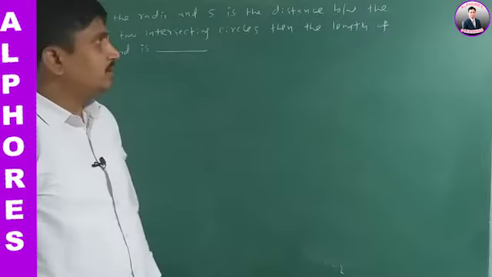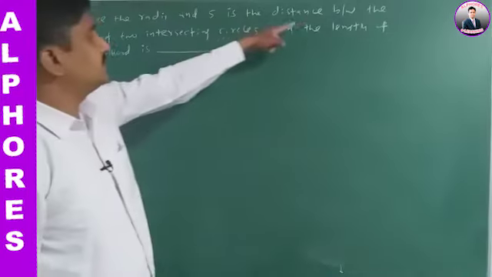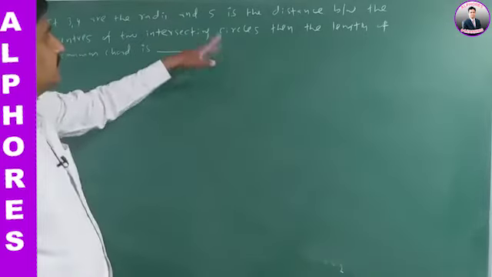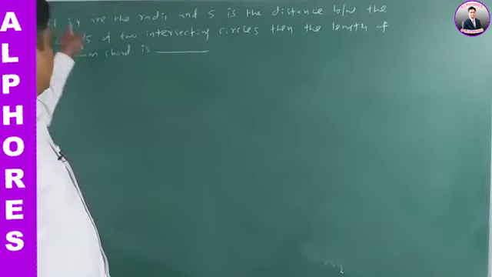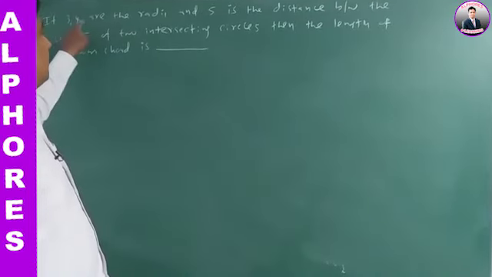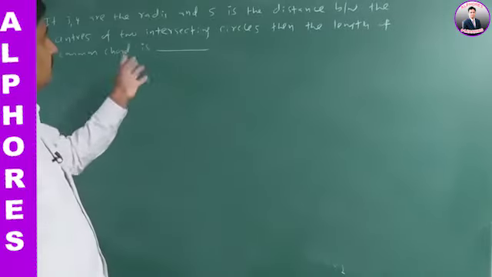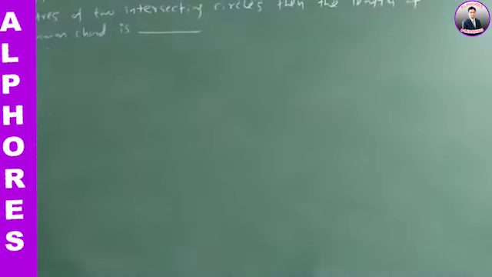Next problem. If 3, 4 are the radii and 5 is the distance between the centers of two intersecting circles, then the length of the common chord is. Here the radii of the circles are given as 3, 4, and the distance between the centers is given as 5. The question is, what is the length of the common chord?